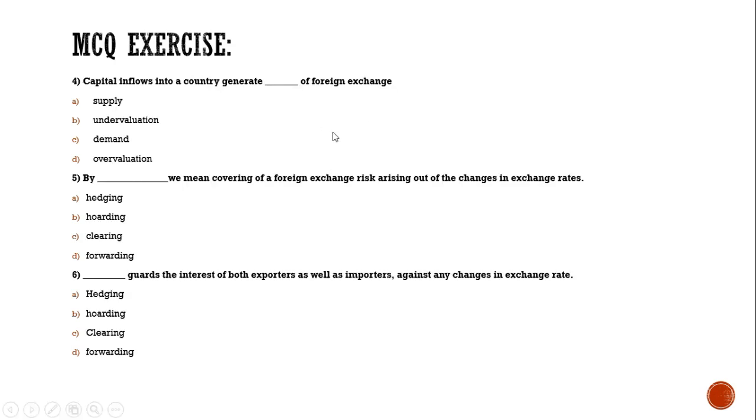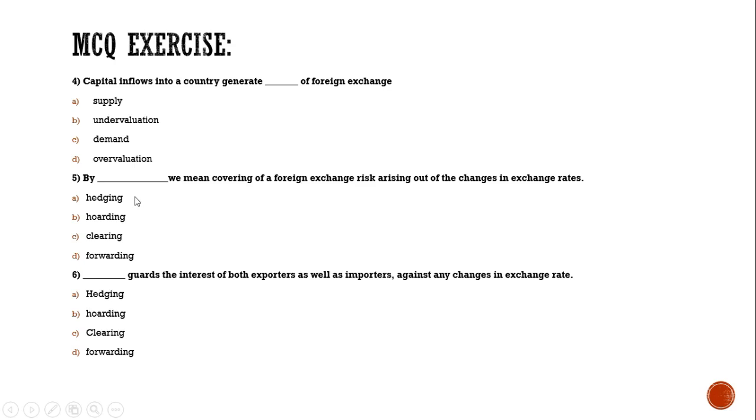Okay. The next three MCQs are given as follows. First, the capital inflow into a country generates dash of foreign exchange. The options are supply, undervaluation, demand, or overvaluation. Next, by dash we mean covering of a foreign exchange risk arising out of the changes in the exchange rate.